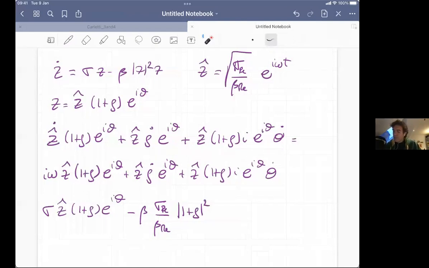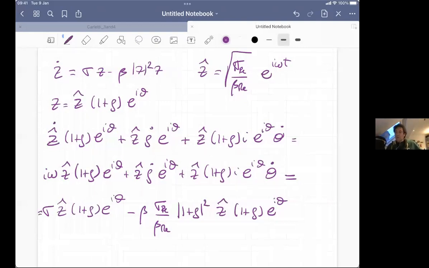So this is the part beta, modulus of z squared, times z, so times Z hat (1 plus rho) e^{i theta}. Okay, and now you have these two equations.